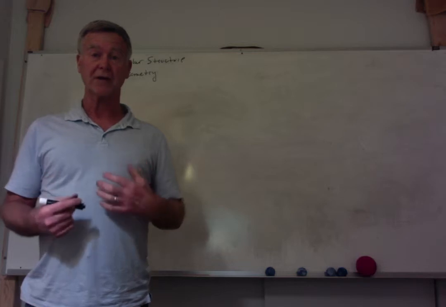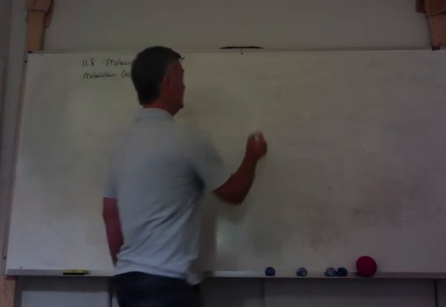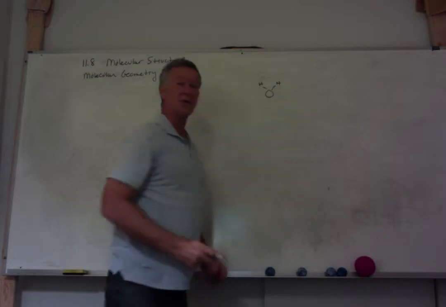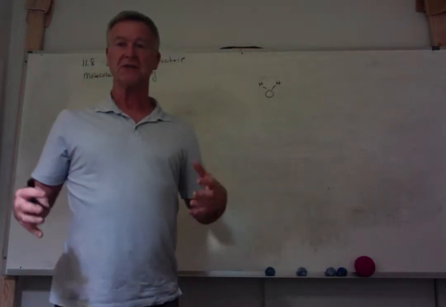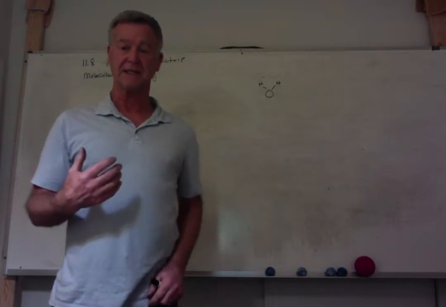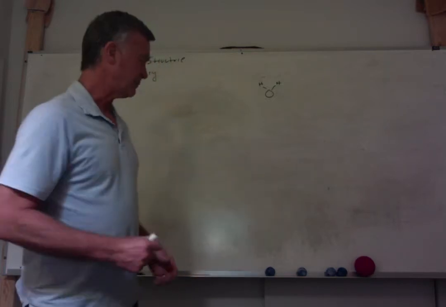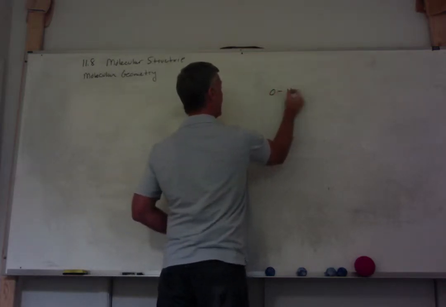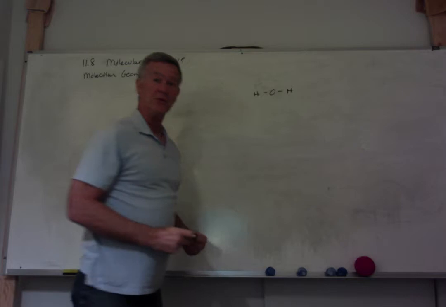For instance, water has a shape that looks like this, and that shape is what actually causes it to have some of its properties, including the type of crystal and the way it forms ice, and all sorts of things will take place because of that. If water had a shape like this, water would not act the way that we expect it to.